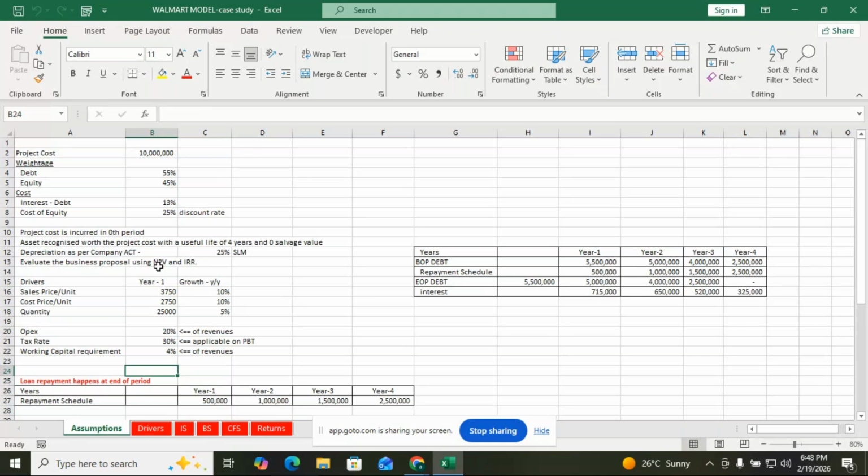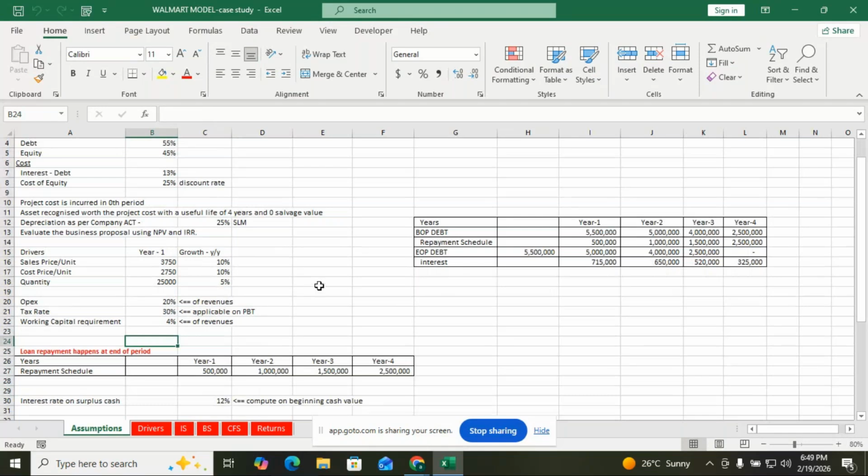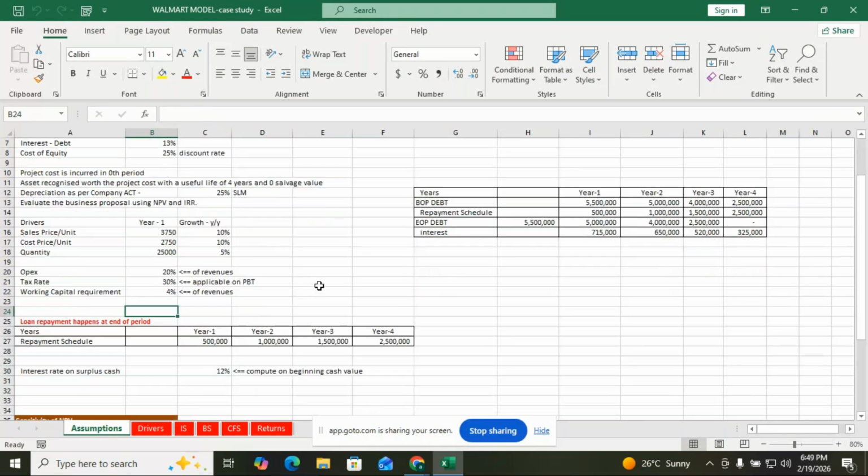So, evaluate the business proposal using the net present value and the internal rate of return, which I've already worked on. Here, let me discuss the drivers. What drivers do you have for the initial period, that is year one? The selling price for one unit is 3,750 in year one.